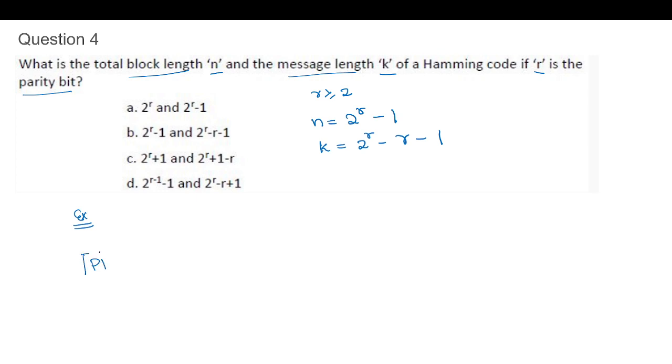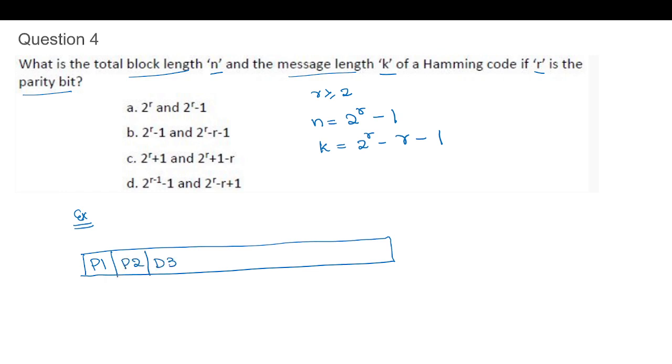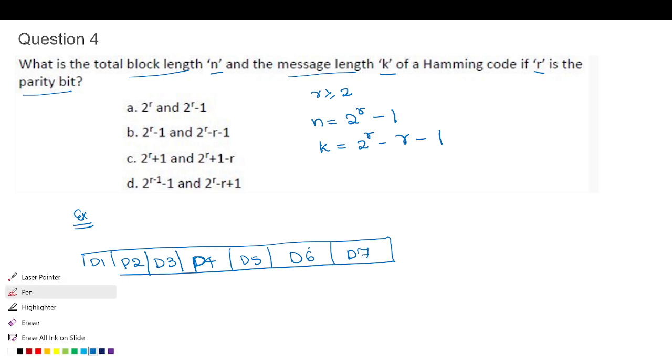If we go till 7 and I start inserting the parity bits, this should be parity, D5, D6, D7. How many are the parity bits? 1, 2, 3 parity bits.